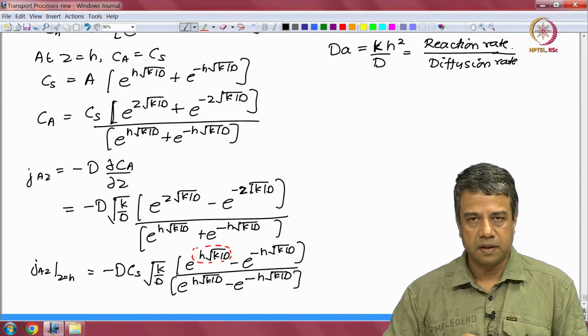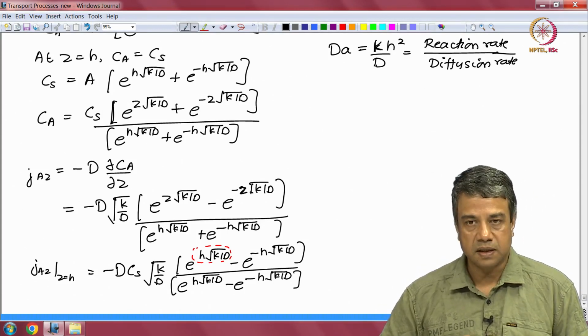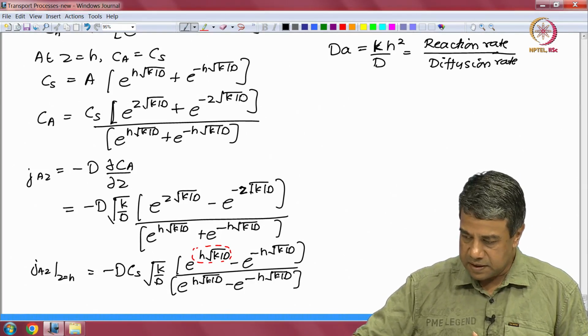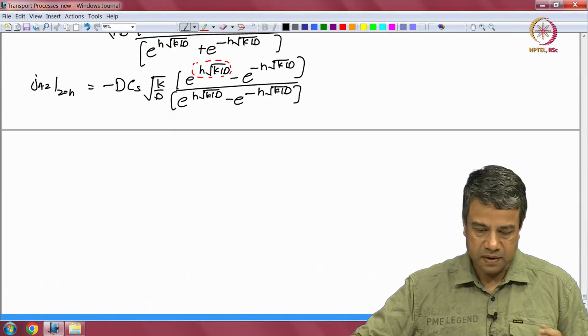Okay, reaction rate by diffusion rate. So, that is the dimensionless group. Now, this flux at z equal to h has been expressed in terms of the Damkohler number.